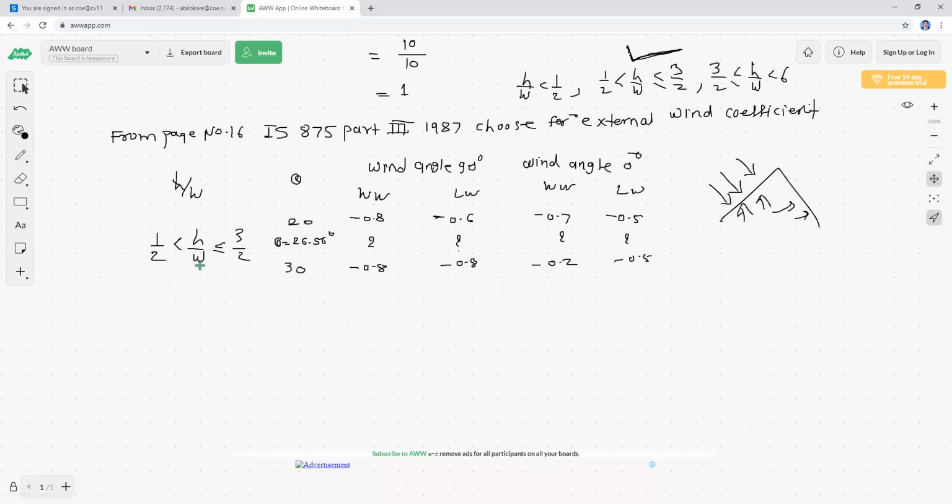For our condition, H by W condition and theta. H by W and theta, these two are the known values to us. And from this, we have to find out the windward coefficient and leeward coefficient for 90 degree and 0 degree. Everyone got this?